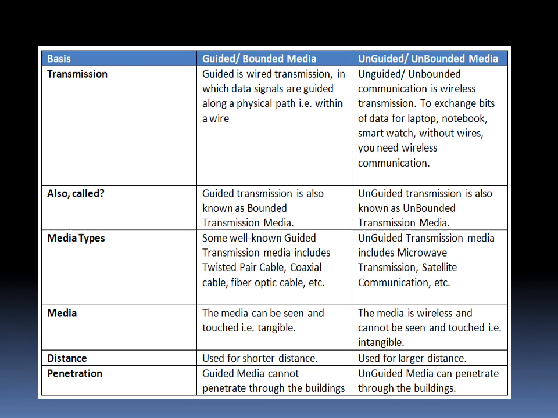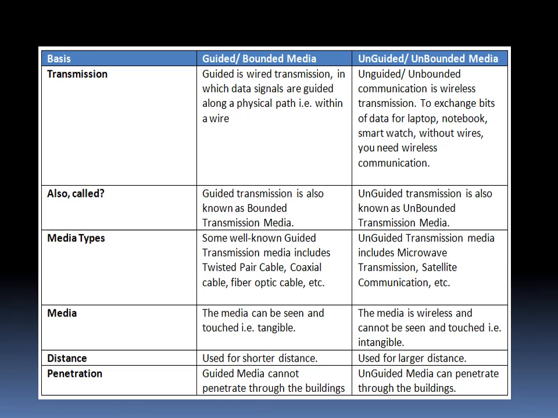The media types in guided are twisted pair cable, coaxial cable, and fiber optic cables. For unguided: microwave, satellite, infrared, and so on. Guided media can be seen and touched because it is physical, but unguided waves we can't see or touch.